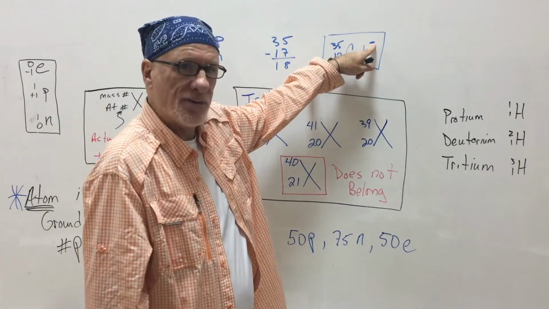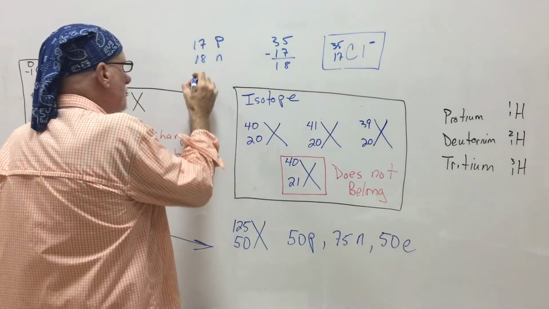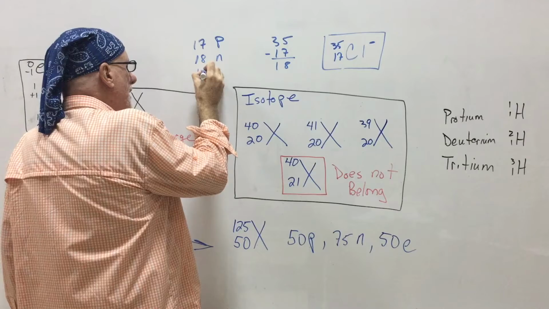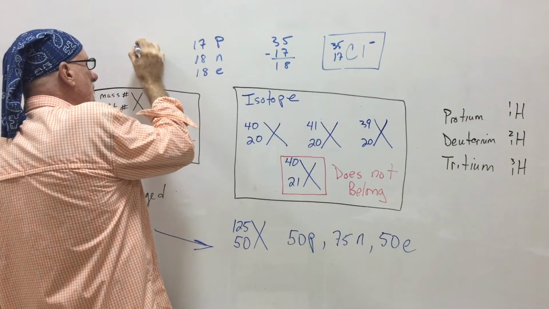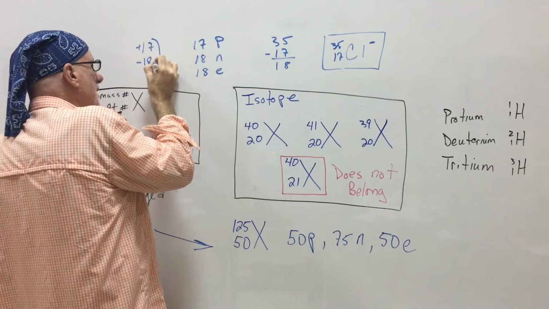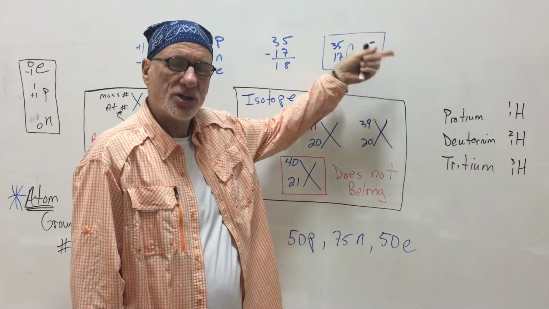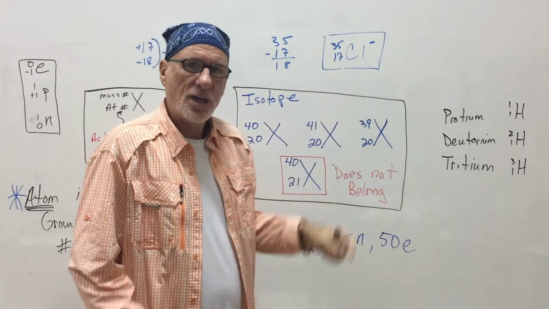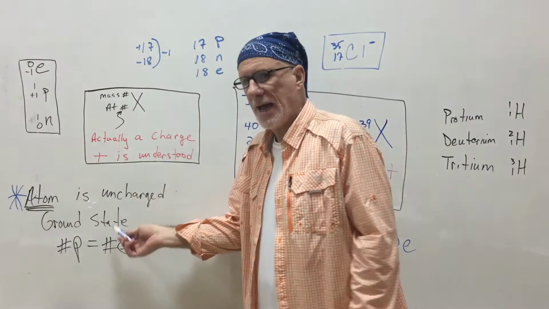And don't forget, you have an extra electron. It's a negative charge. So it's going to be 18 electrons. So you have 17 plus charges and 18 negative charges, and that's going to be a -1. And that's where you get that -1 charge. So an ion is charged. The number of protons don't equal the number of electrons, but for an atom they do.